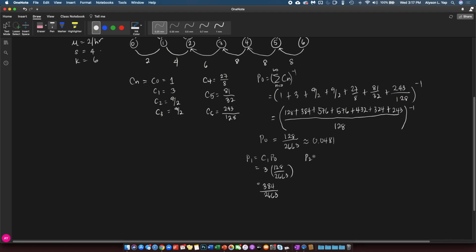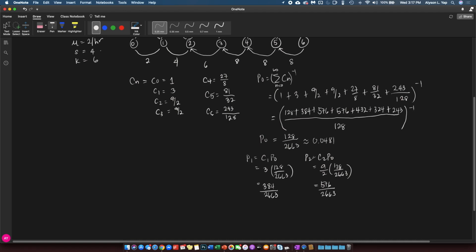P sub 2 is equal to C sub 2, P sub 0. And that is equal to 9 halves times P sub 0. And if you multiply this, you will get a 576 over 2663.